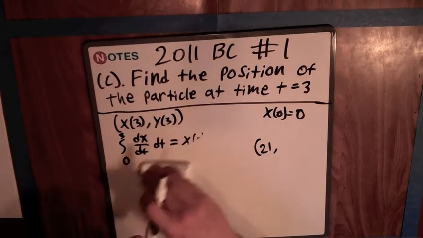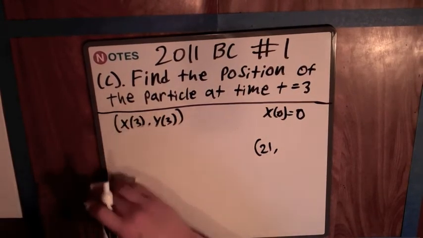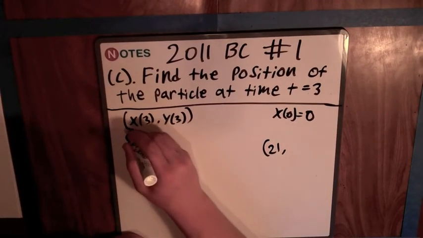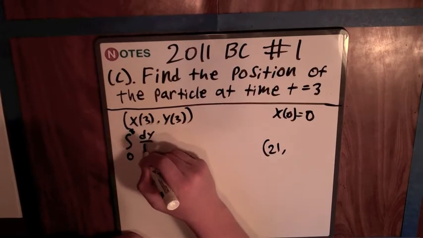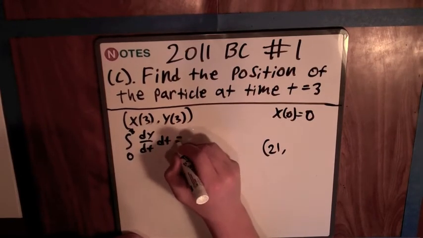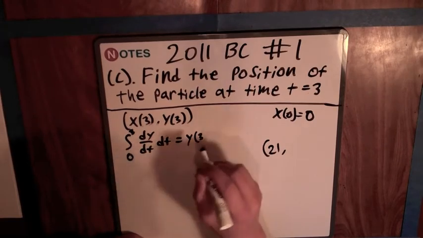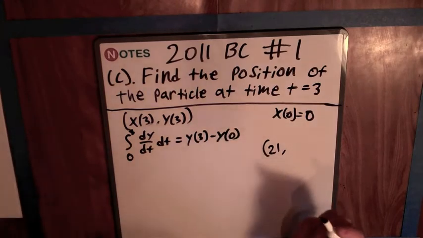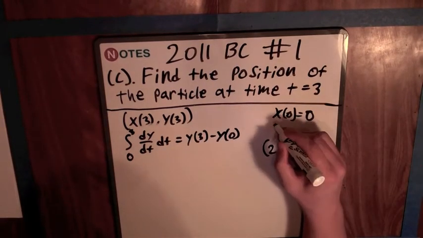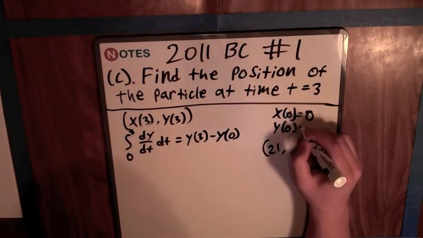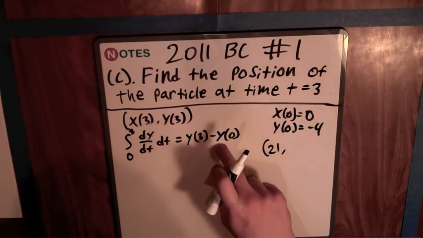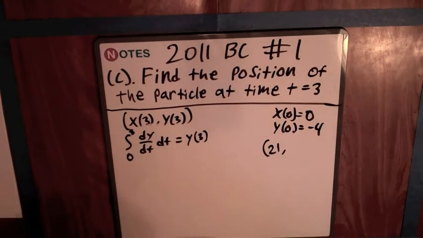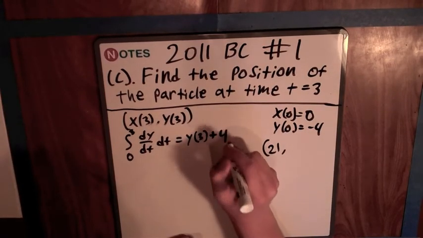Now for y, we're going to use the same exact process. Integral from 0 to 3 of dy dt dt equals y at 3 minus y at 0. Using our initial condition, y of 0 equals negative 4, I'll plug that in here, plus 4.